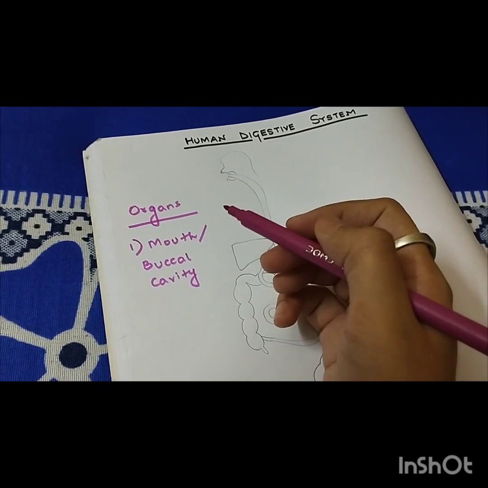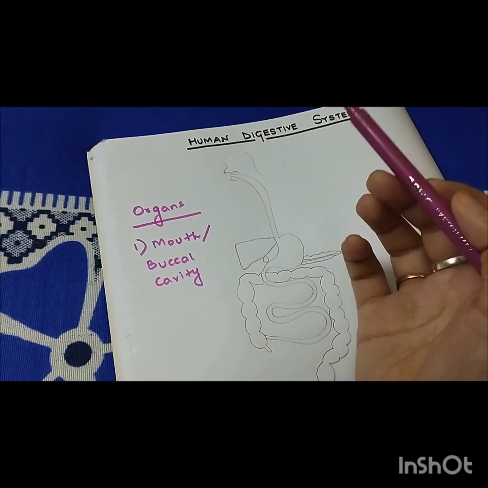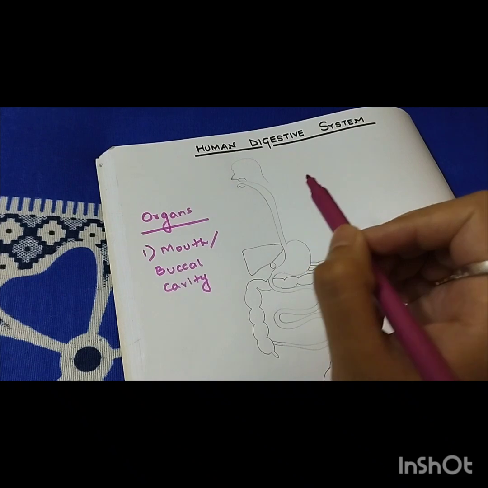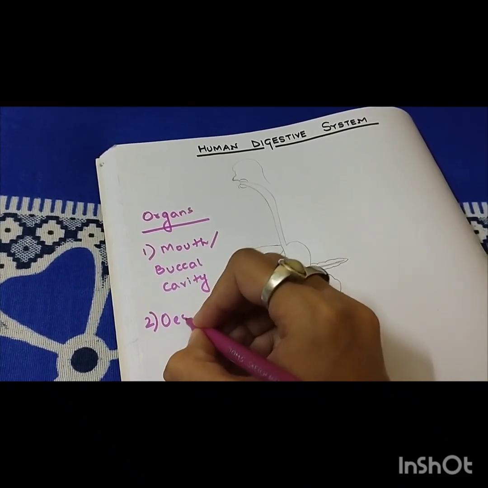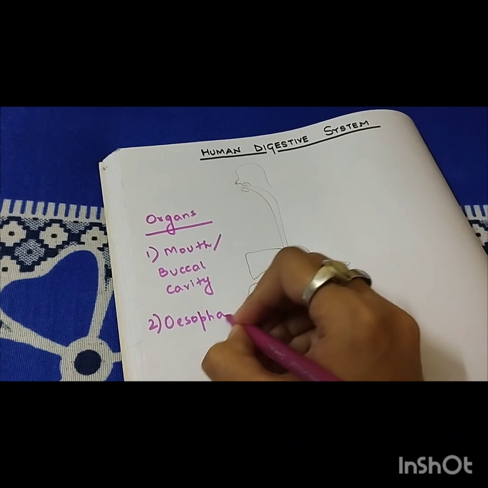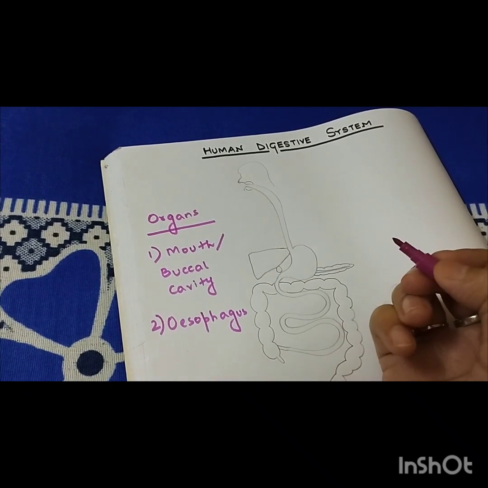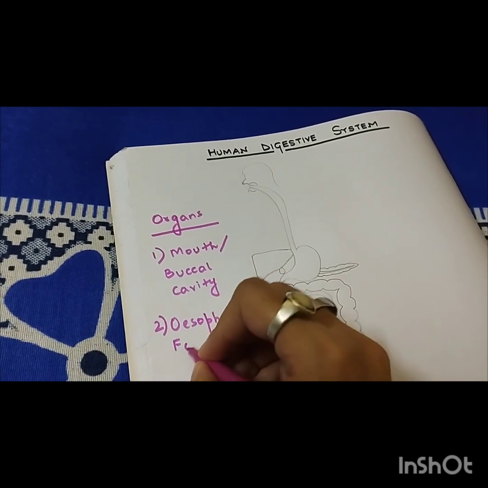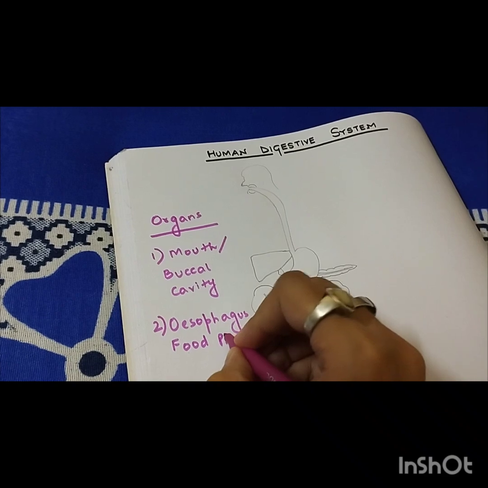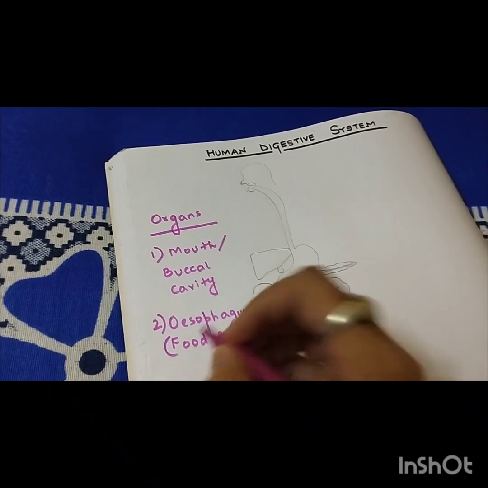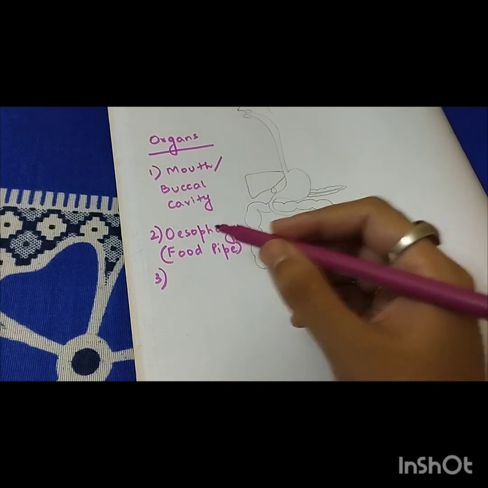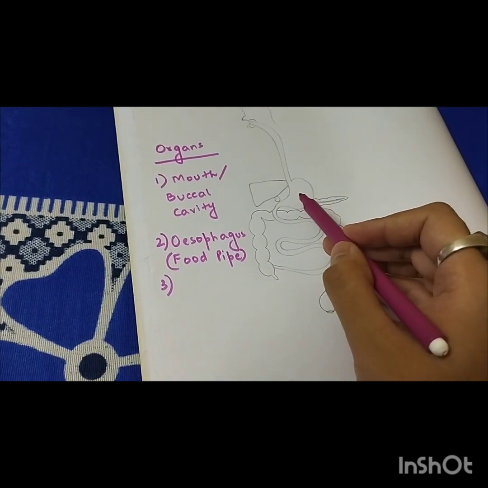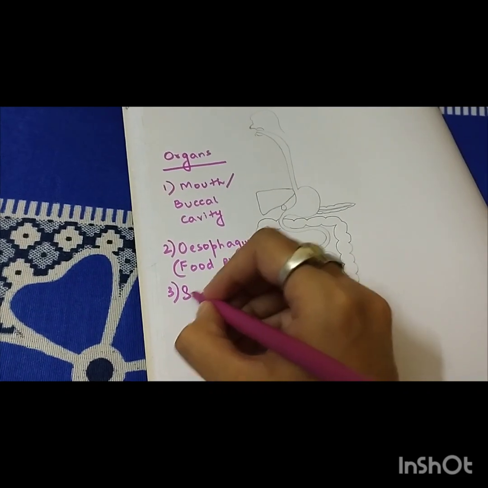Second, when the mouth helps in the swallowing of food, the second thing that comes into play is known as the esophagus. Esophagus is also known as the food pipe. Now, the esophagus directs the food into the stomach.